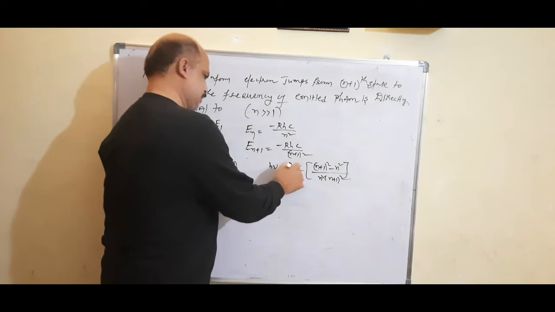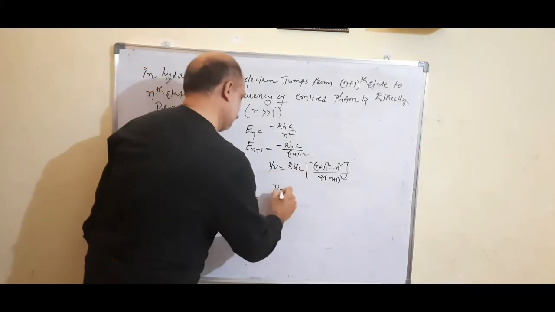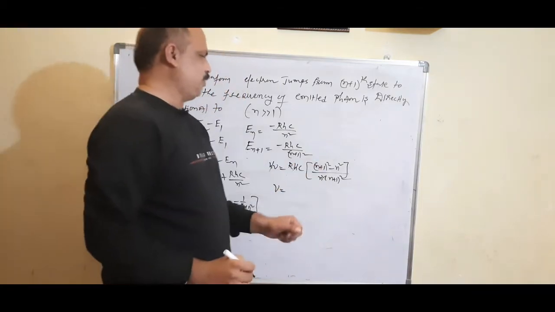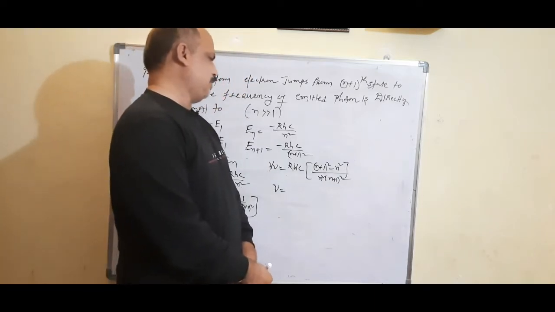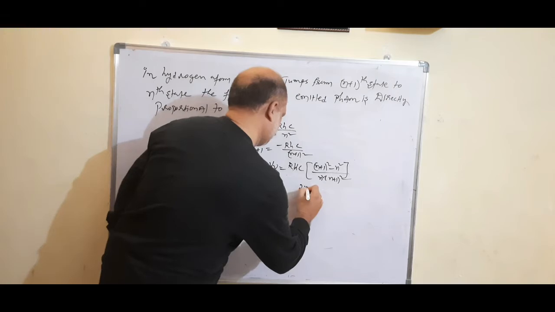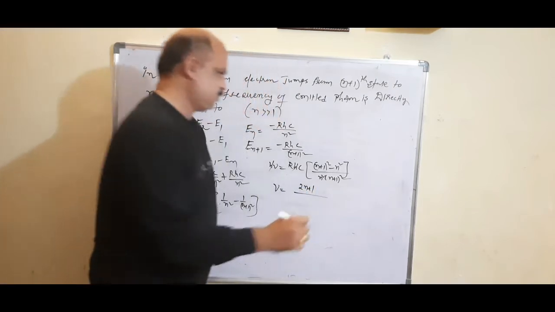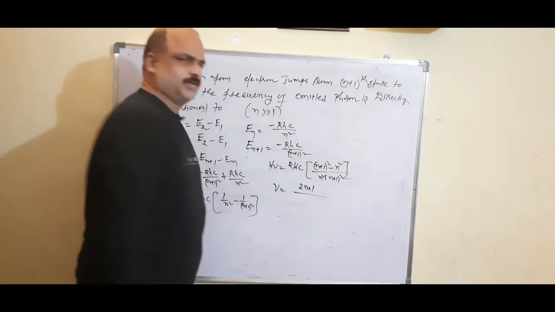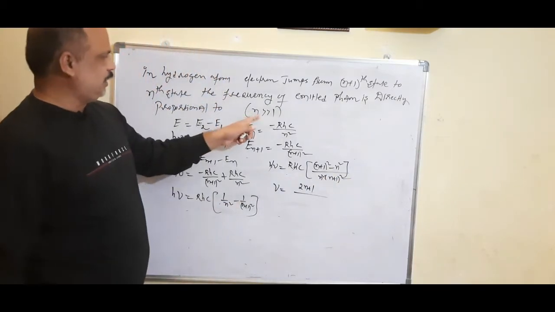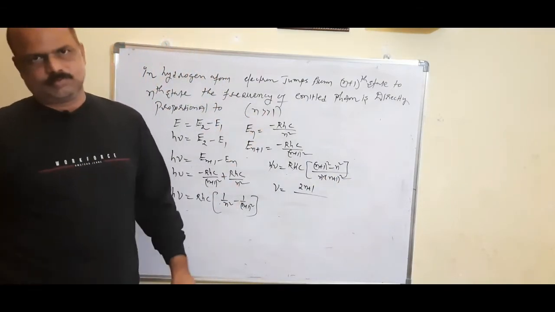Here h cancels, nu is equal to R C into n plus 1 whole square minus n square, that is equal to 2n plus 1, divided by n square into n plus 1 whole square. Here what they have given is n is greater than 1.